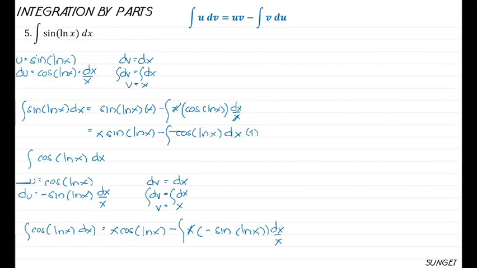So cancel. So we have x cosine ln x plus the integral of sine of ln x dx. We will call it equation number 2.